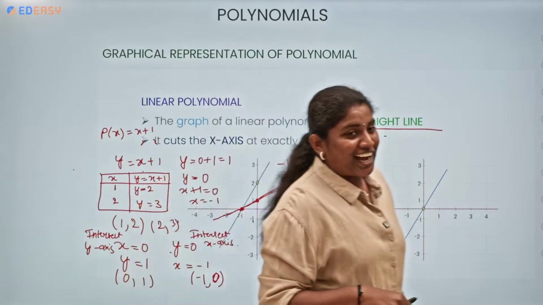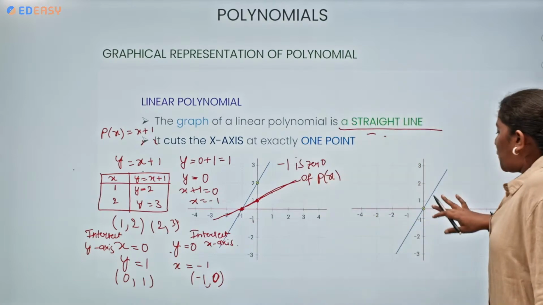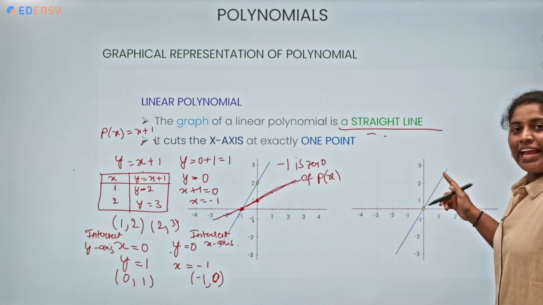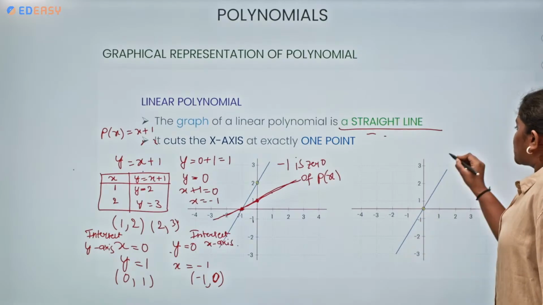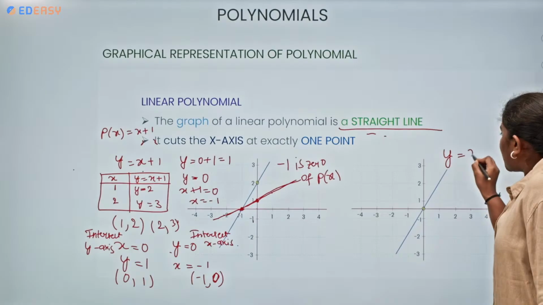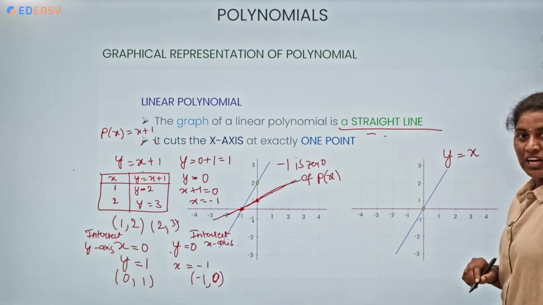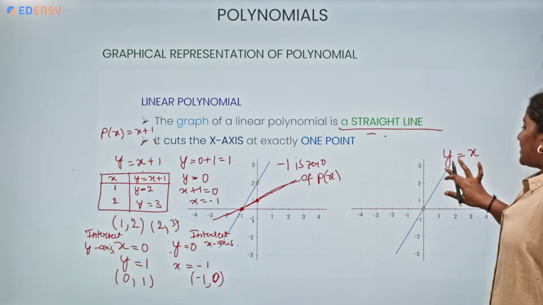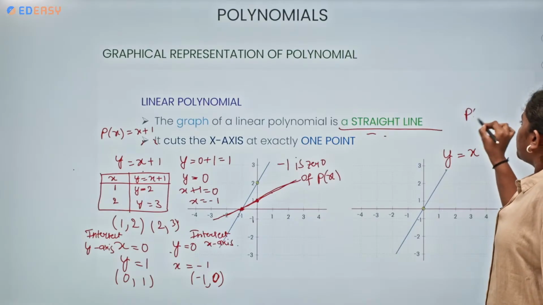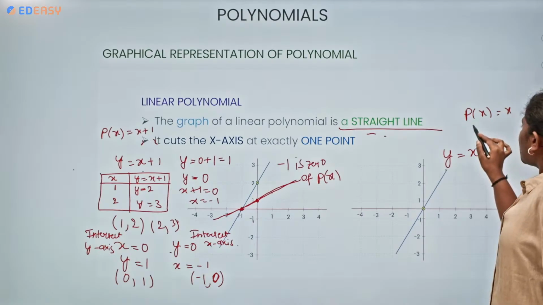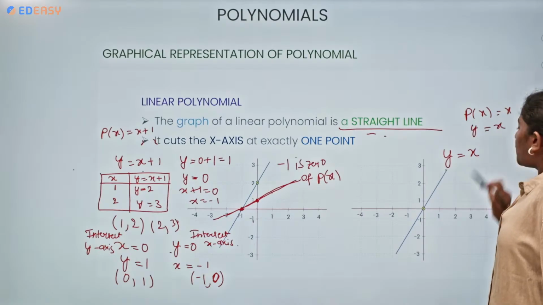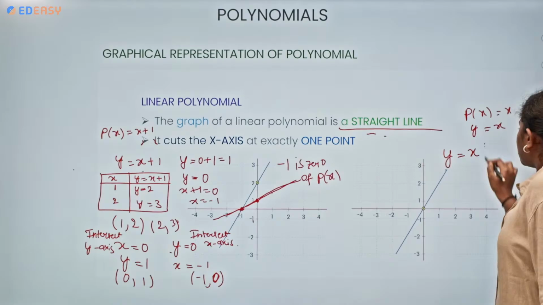Very good. Now, let's see when we will be getting the case of a graph which is passing through the origin. Yes. So, we are having the equation y equals x. So, let's take your polynomial p of x as x. Now, what will your y become? y will become your polynomial x. Now, just find the respective values.